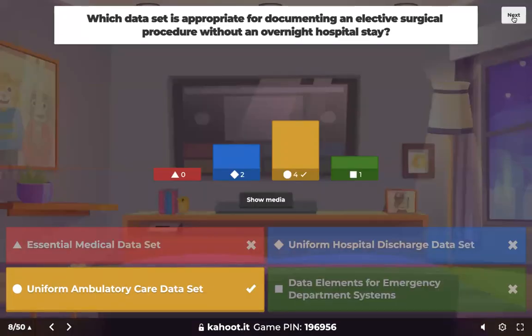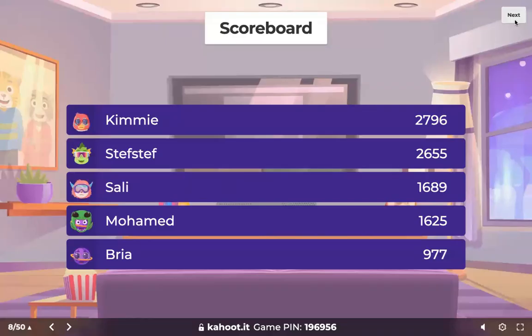All right, the correct answer was Uniform Ambulatory Care Data Set. Most of you got that correct. Some few other options were selected.